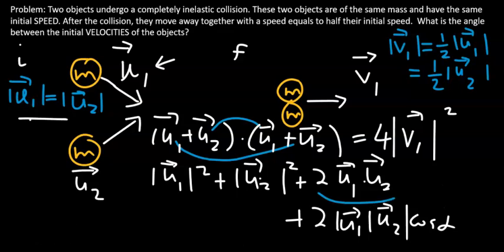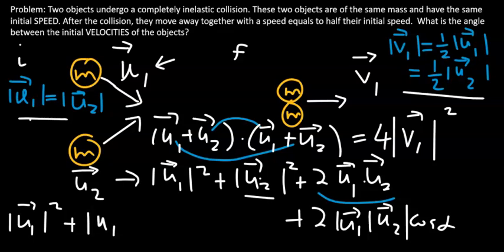So let's apply these two results that we have already obtained earlier. Let's write the same line here as follows. The magnitude of u2 is the same as the magnitude of u1. So that's u1 right there.